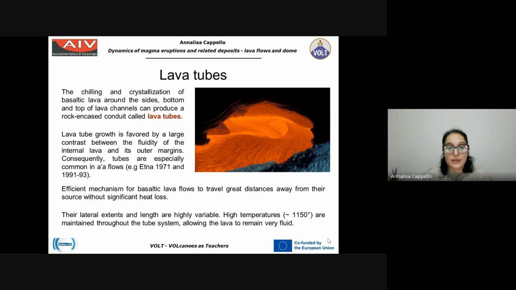The chilling and crystallization of basaltic lava around the sides, bottom, and on the top of lava channels can produce this sort of rock-encased conduit, which are called lava tubes.